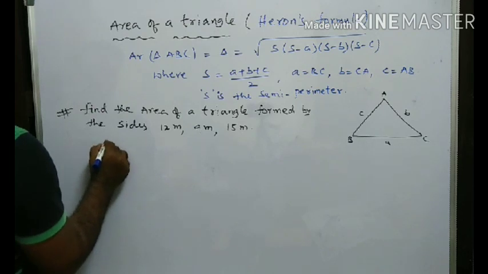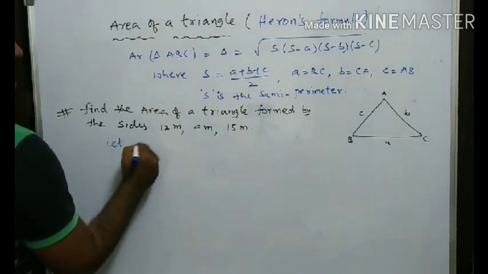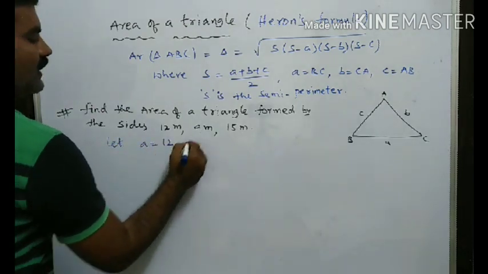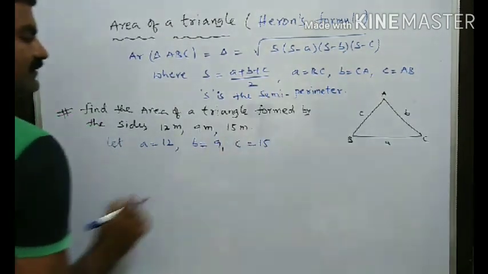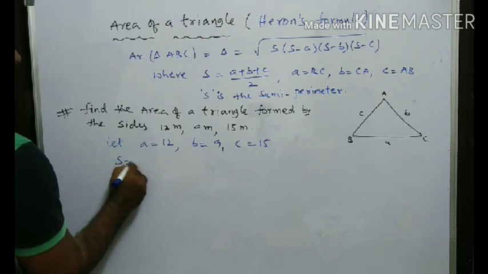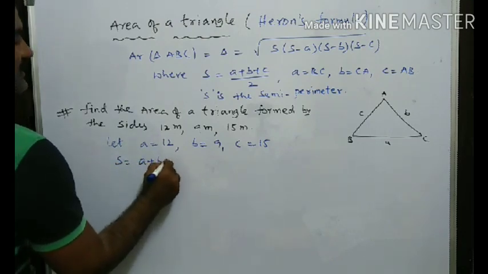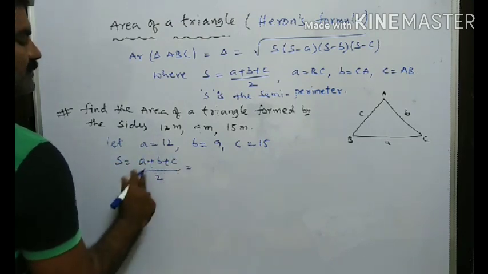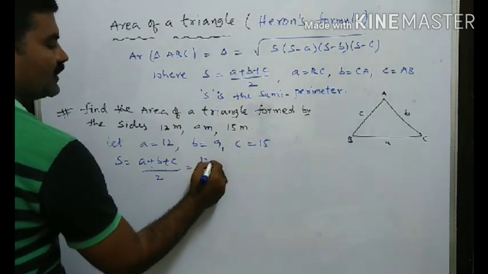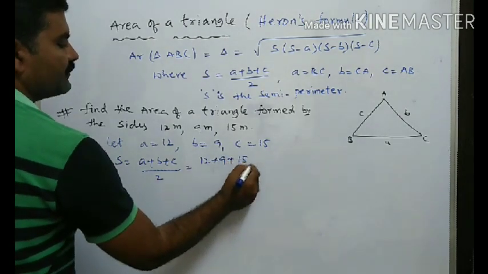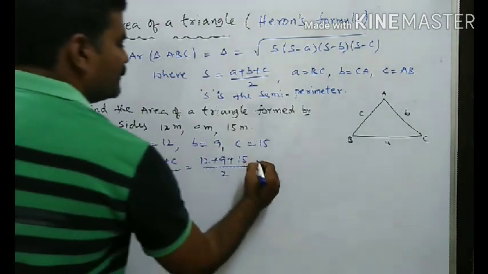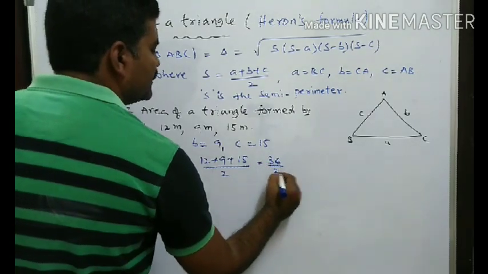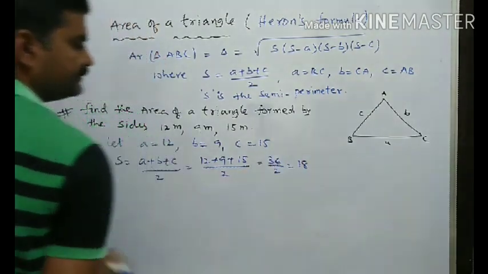Now assume that these are small a, small b and small c, which are the lengths of the sides. Let me find out S using the formula A plus B plus C by 2. 12 plus 9 plus 15 whole divided by 2. 21 plus 15, which is finally 36 by 2, which is equal to 18.